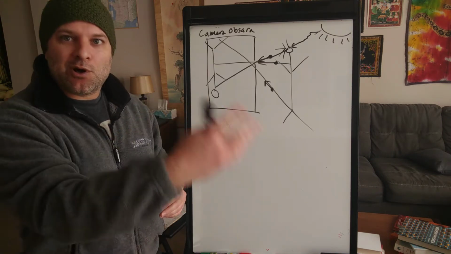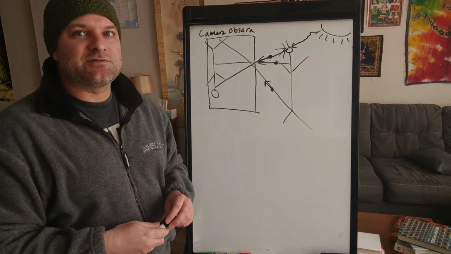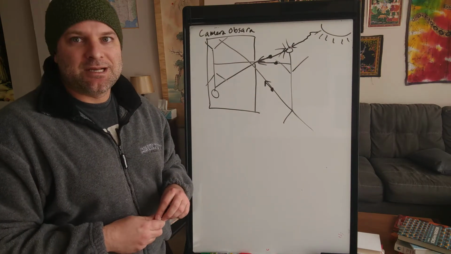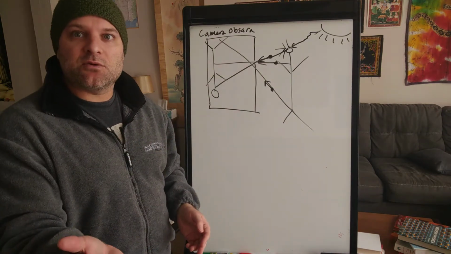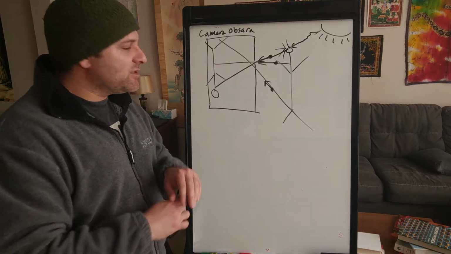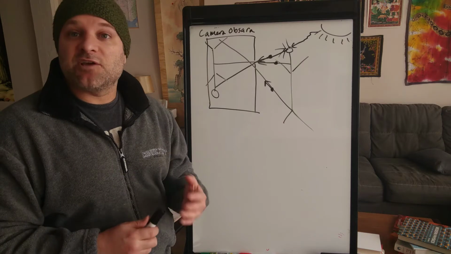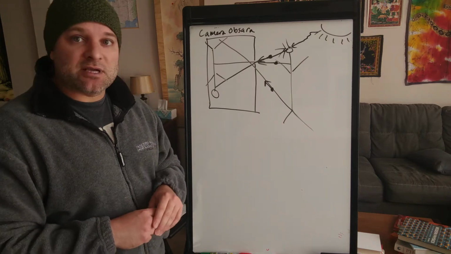There's a really long history, and books have been written about this debate between whether light is a particle or is in fact a wave. There are also reasons for thinking that light is a wave, because sometimes it does behave like a wave.